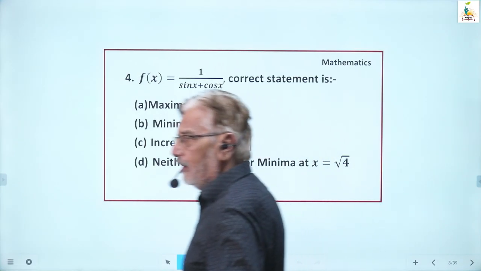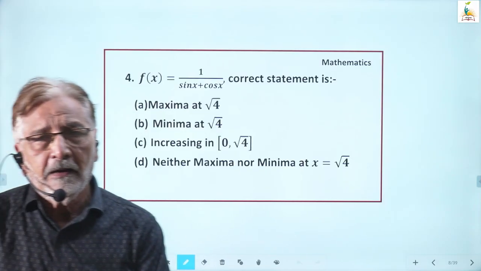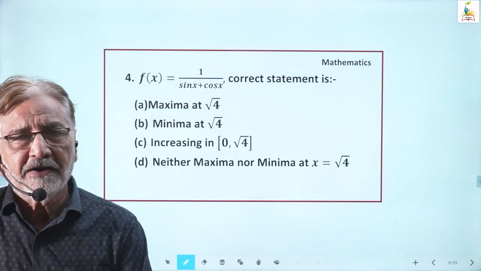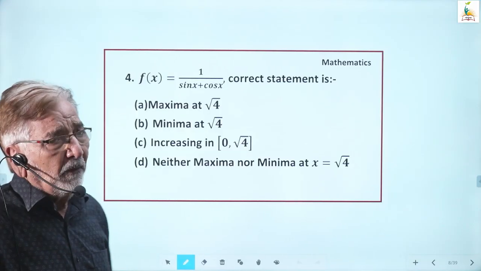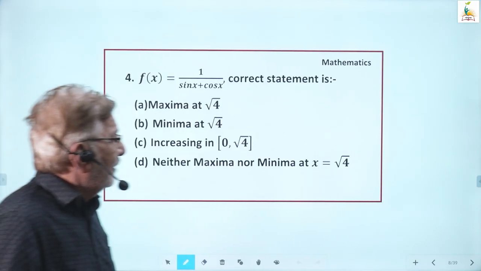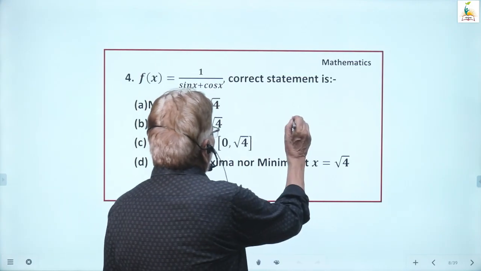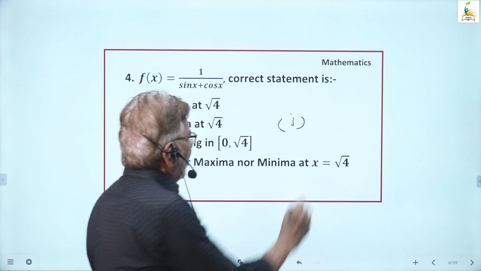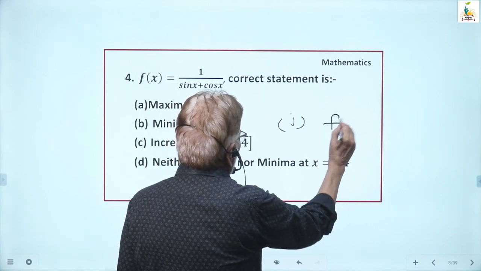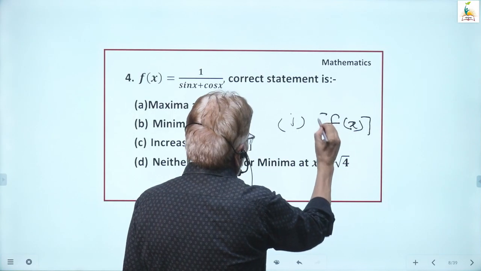Now before doing maxima minima, let us see certain important points which can simplify your problem. First, wherever f(x) is maximum or minimum, f(x) whole square shall also be maximum or minimum.